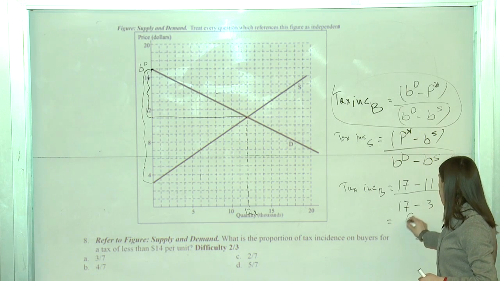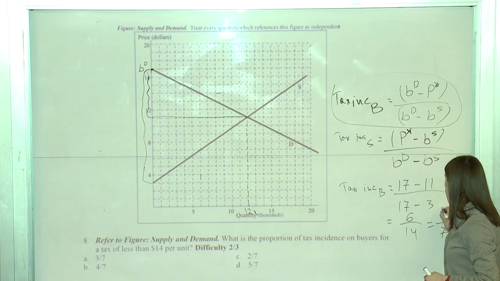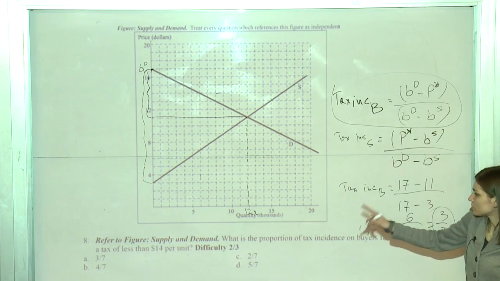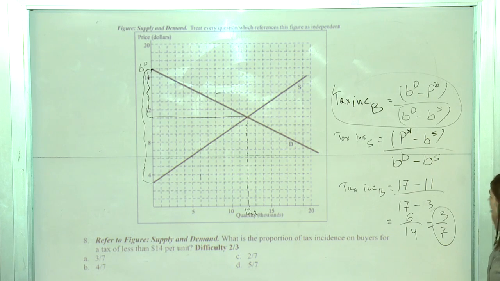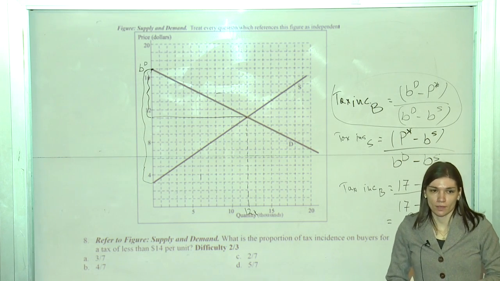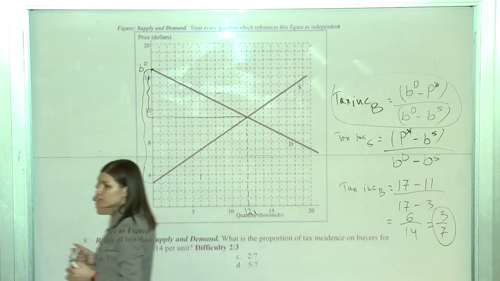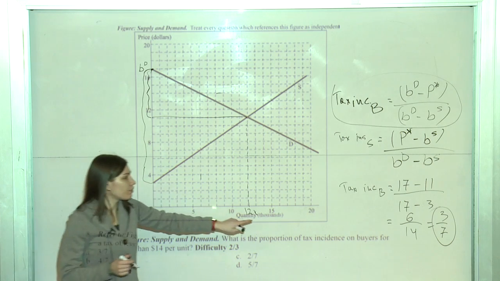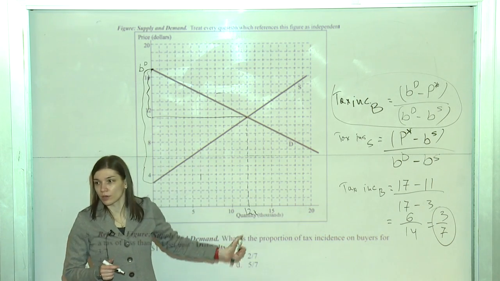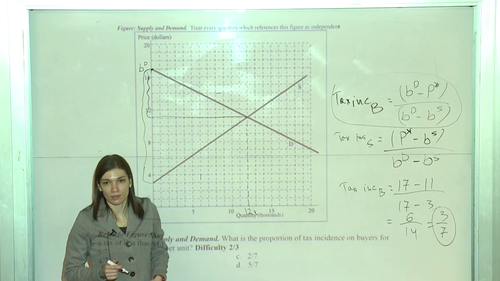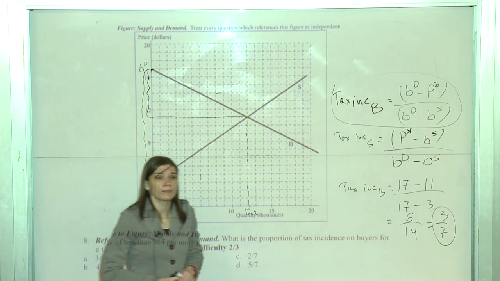It's 6 over 14, or 3 over 7, which is A. So whoever is actually charged the tax doesn't matter. Buyers are always going to end up paying 3/7 of it, and suppliers are always going to end up paying 4/7 of it.